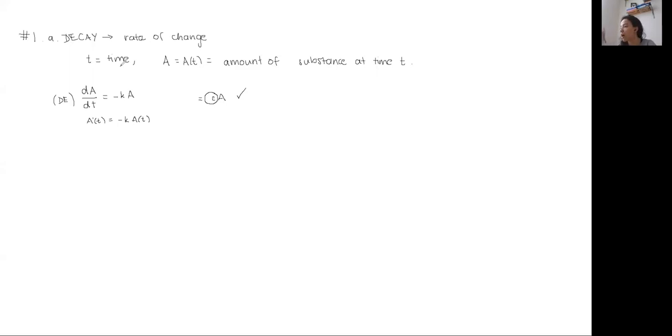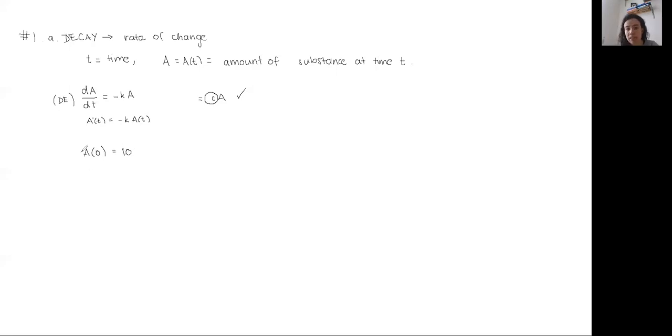Then you had two possible values for this amount. It said the initial amount is 10 grams. So that means that A at time 0 is equal to 10, the amount at time 0 is 10 grams.